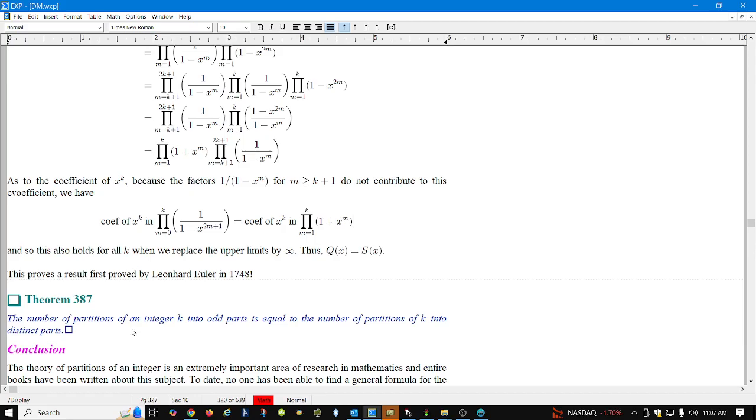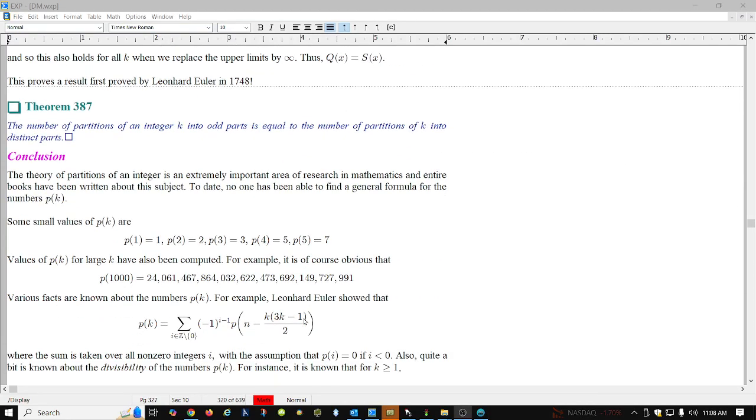That's pretty amazing. I mean, the result seems a little strange, but it's true. What's amazing is that we were able to prove that, even though we don't have formulas for the number of partitions of an integer. The generating functions got this for us.